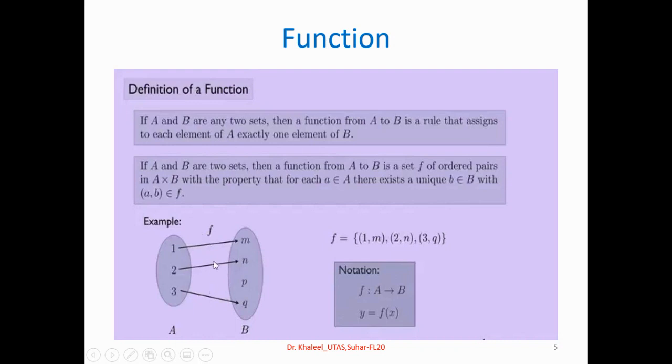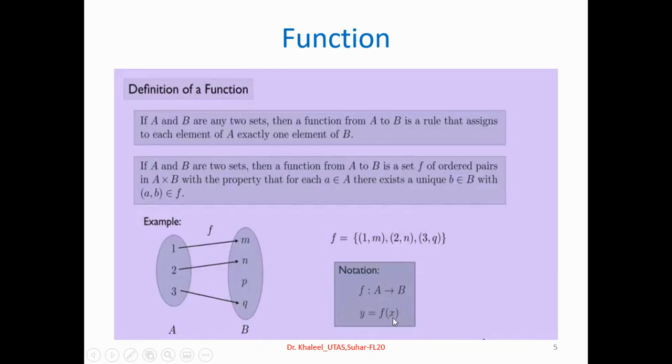This is the Venn diagram, and in a very short way, we can write the function in this format: f colon A arrow B. That is, f is a function from the set A to the set B. The same thing can be written in a very simple way as y equals f of x.